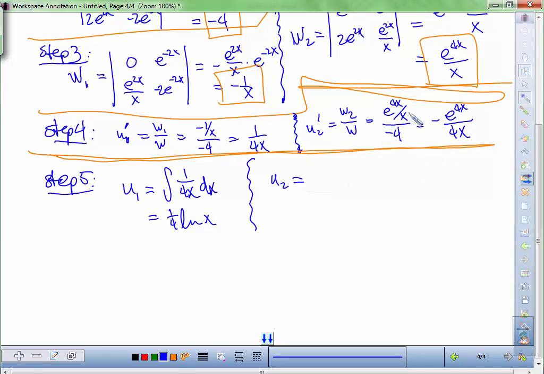So the antiderivative of this next one, negative e to the 4x over 4x. Aside from taking out a negative 1/4, e to the 4x over x, and finding the integral of this may not be an easy task.